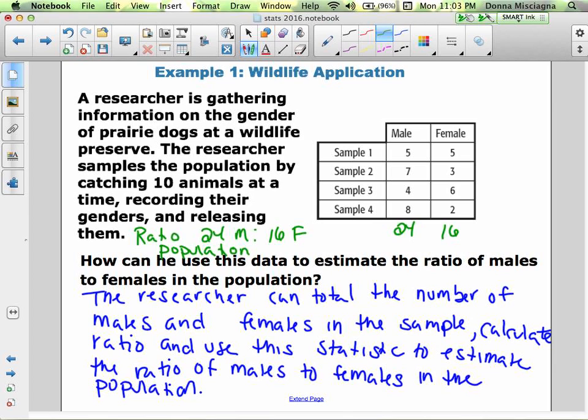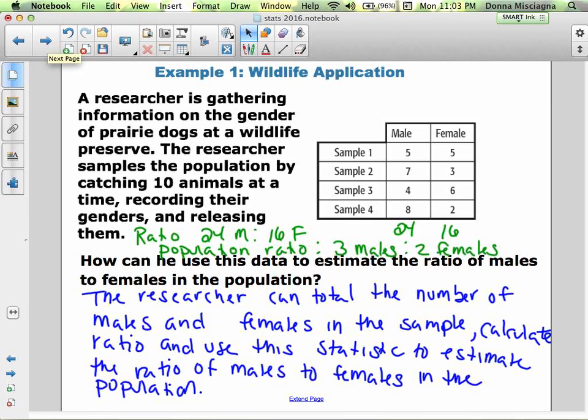We would expect 3 males to 2 females, right? Because 24 to 16 would reduce from 3 to 2. So if these are the numbers he's getting in the sample, we'd expect that in the population, for every 3 males there are 2 females. So we have a few more males than females in our population of prairie dogs.